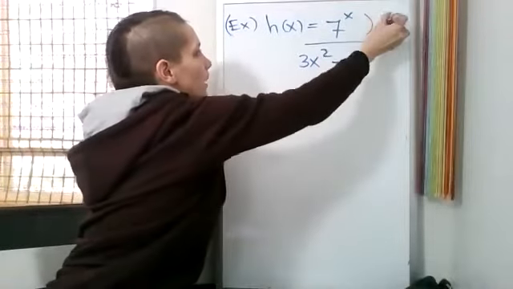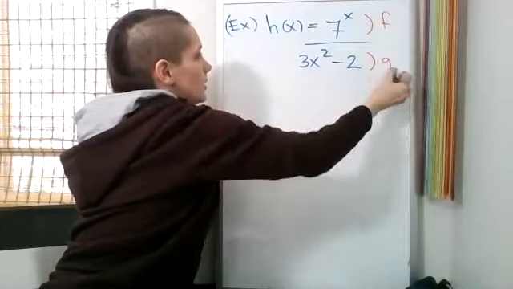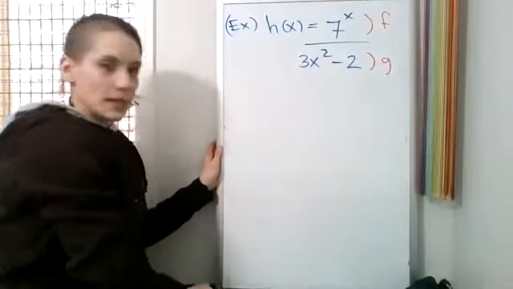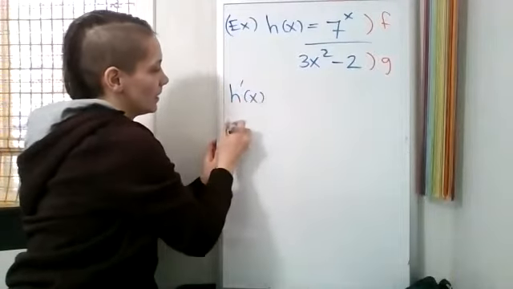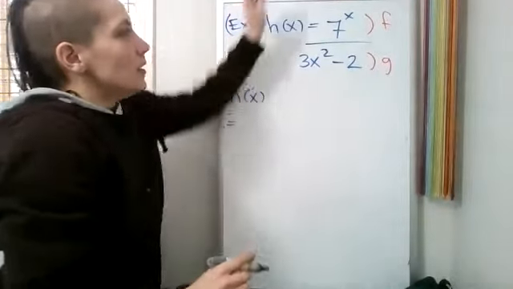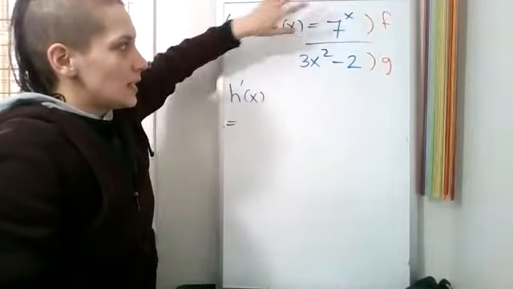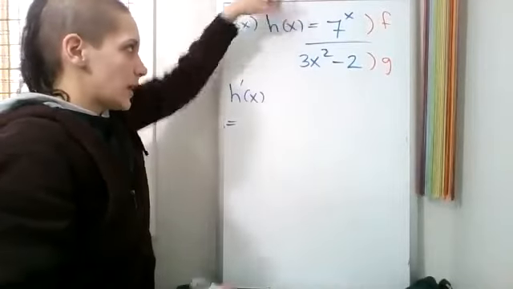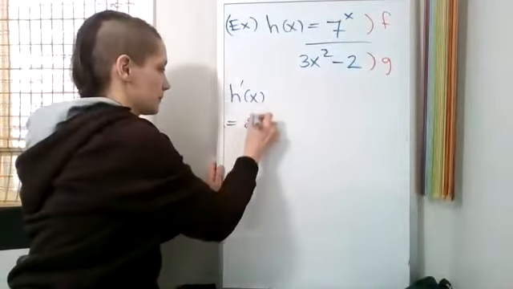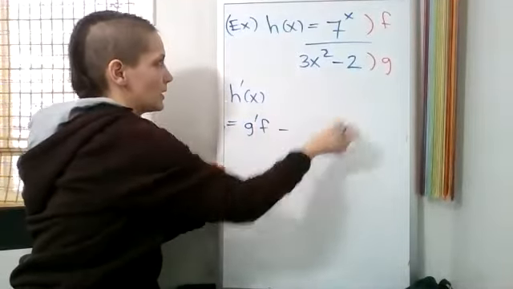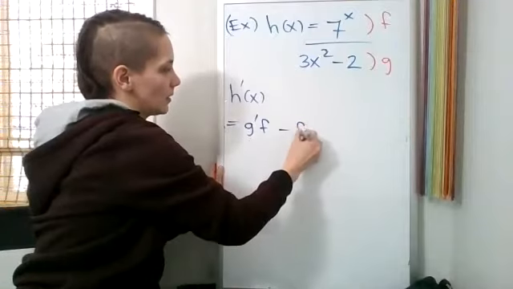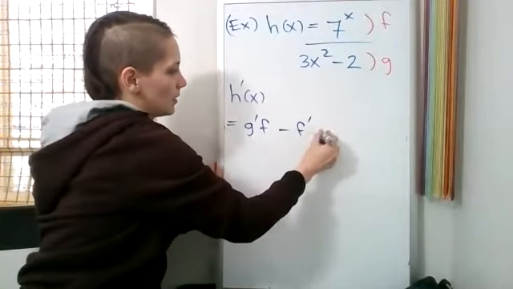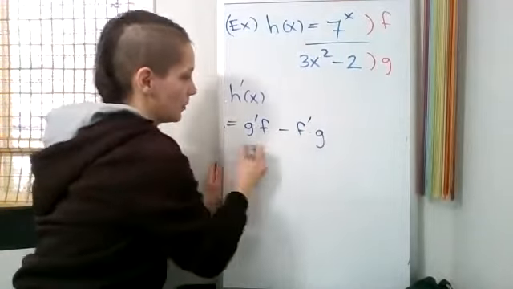So this would be f, and this would be g. H prime of x will be low d high, g of x times the derivative of f of x, minus high d low, over g squared.